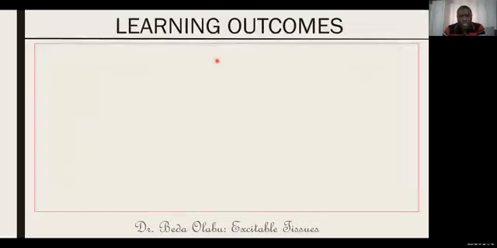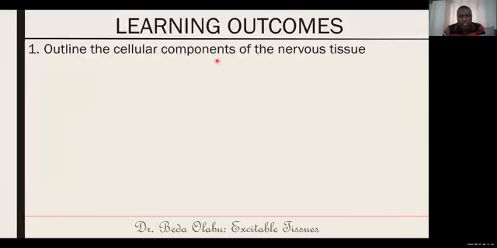The specific things we are going to learn in this lecture are the following. In as much as we talked about tissues consisting of cells, matrix, and tissue fluid, when we talk of nervous tissue, there's nothing much to say about the extracellular matrix and the tissue fluid.